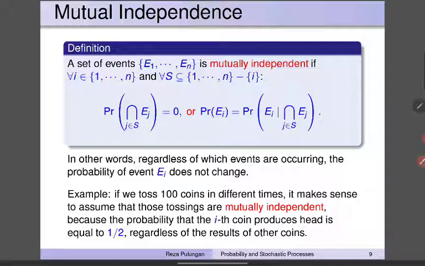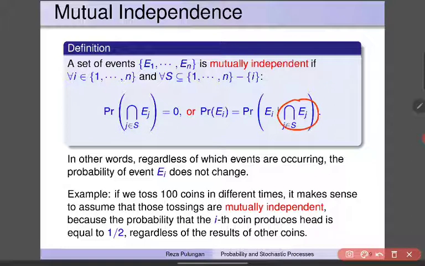Now if we look at this definition, it is obvious that regardless of which events are occurring, so regardless of this part here occurring, the probability of event Ei does not change.